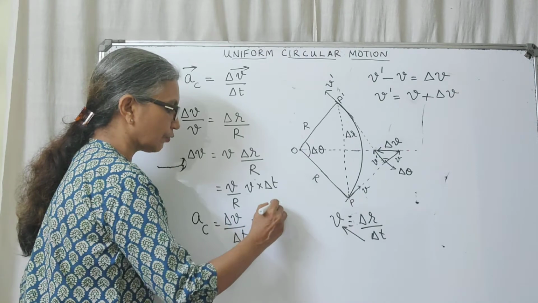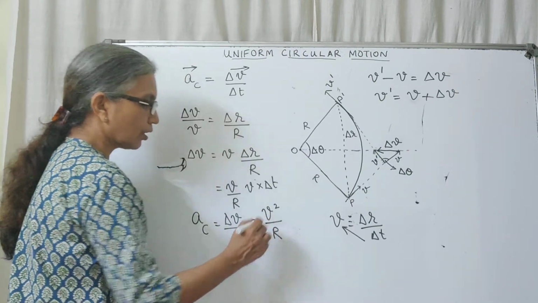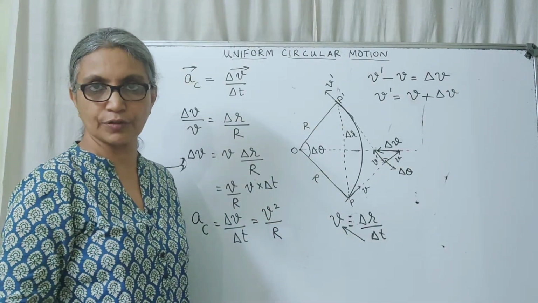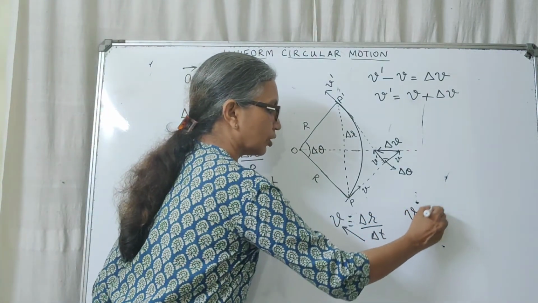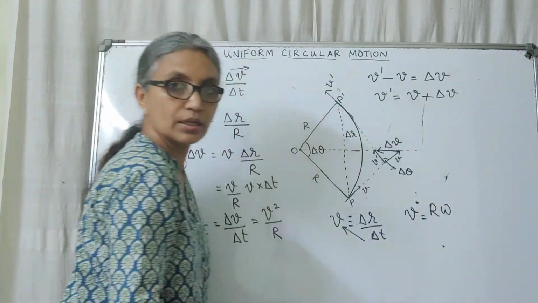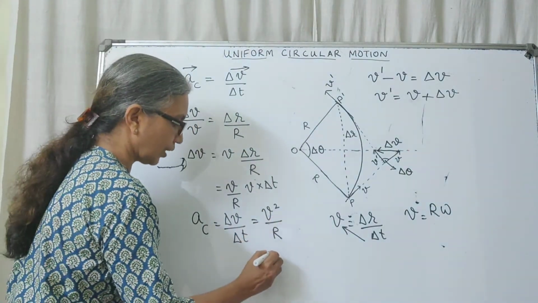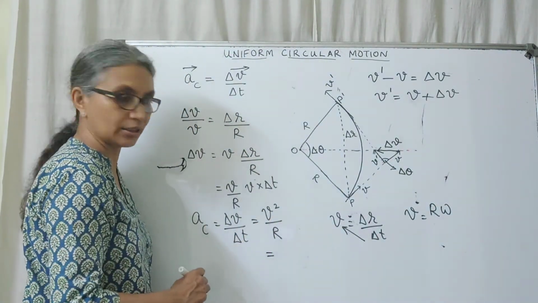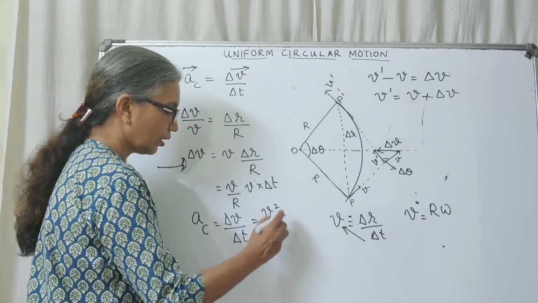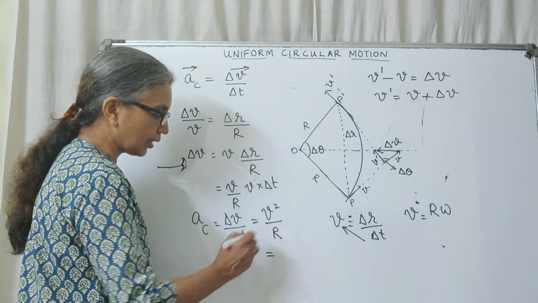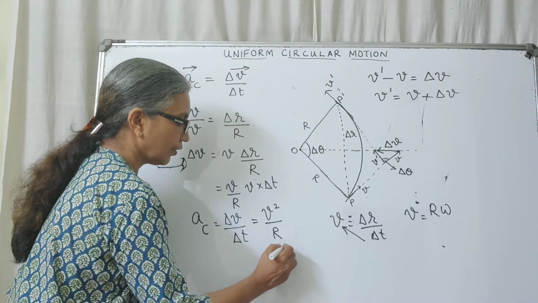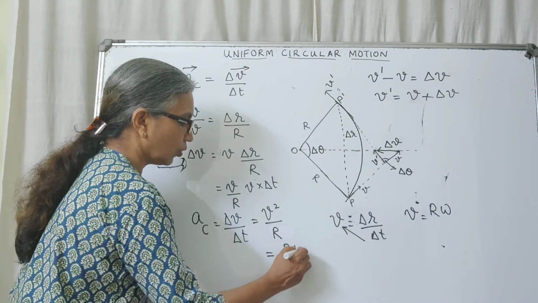And we have this as v square by r, where v is the linear velocity of the particle, and we already know that this v is equal to r omega. So if I substitute that here, we have another formula for centripetal acceleration. V square can be written as r square omega square.